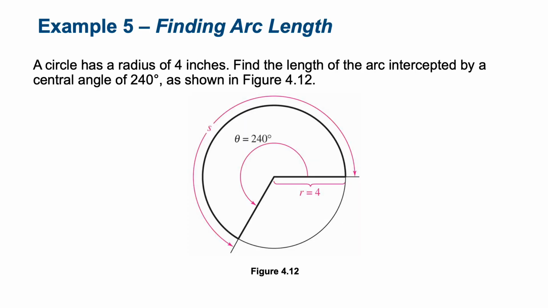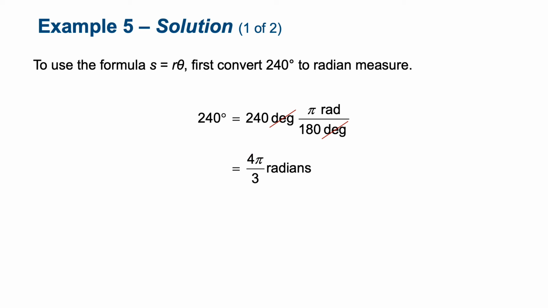So let's try something. A circle has a radius of 4 inches. Find the length of the arc intercepted by a central angle of 240 degrees. You see here's S, you have theta, you have R. The only thing is we need theta in radians, because theta could be degrees or radians, but it's in degrees. So let's change it to radians.